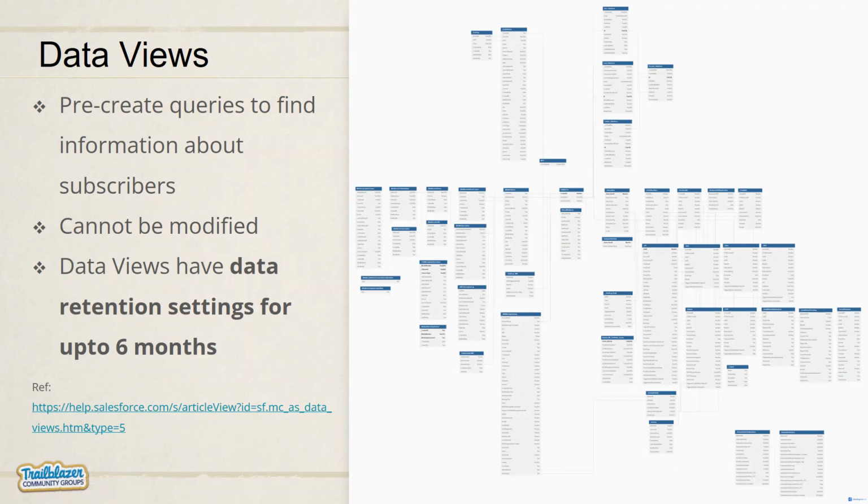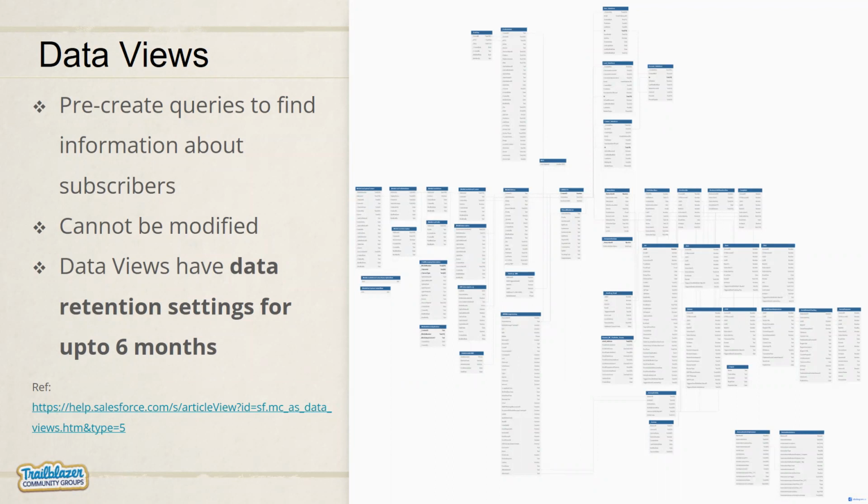Data views are pre-created queries to find information about your subscribers or find information about who has opened the email, how many emails are sent, if there are any bounces. So all that information, all the tracking information is stored in data views. Of course, data views cannot be modified, and the data retention within data views is up to 6 months.